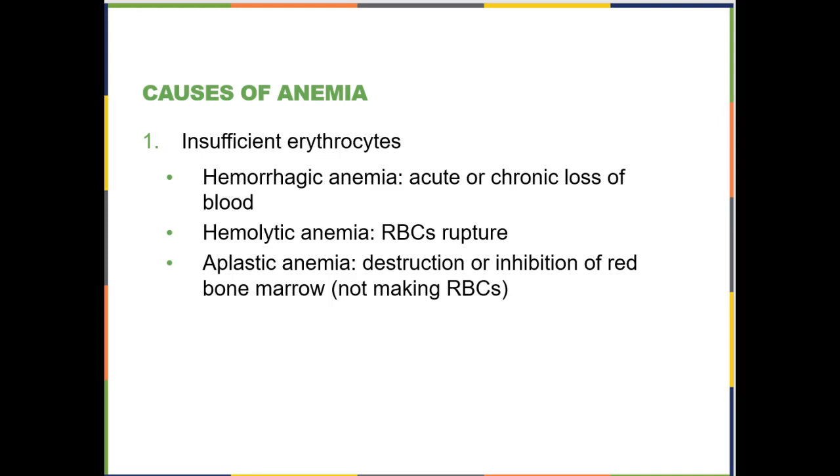So anemia could be caused by insufficient erythrocytes, so not enough red blood cells, maybe because you're losing blood, or maybe your red blood cells are rupturing, as happens in malaria, or you're not producing enough red blood cells, which would be aplastic anemia.